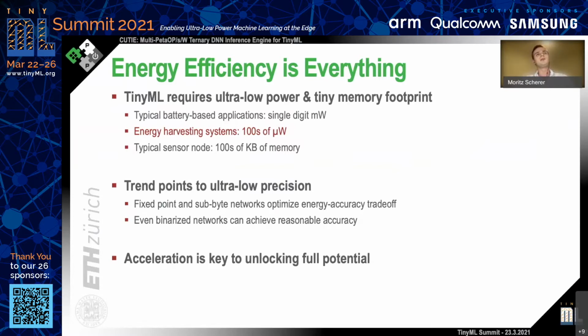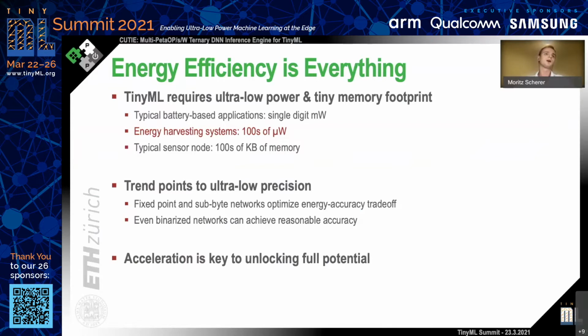And to deal with these kinds of hard constraints that we cannot yet work around, we typically use ultra-low precision quantization for our networks. The previous speakers have mentioned 8 bits and lower.